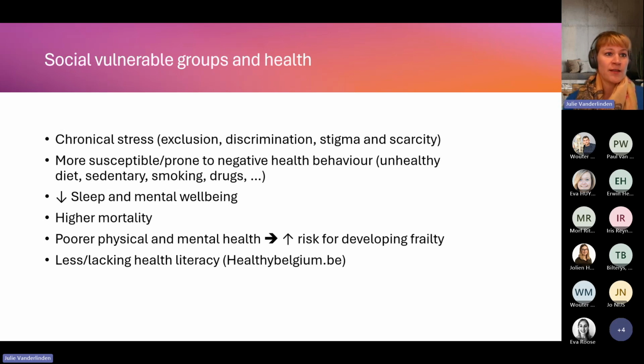Health literacy says something about how capable you are in getting access to healthcare, in understanding and getting access to information about your own health or about health in general, and how able you are to process information when a health provider explains that it is important to take up enough proteins and less sugar, that you have to quit smoking, or that it is important to focus on better sleep behavior.